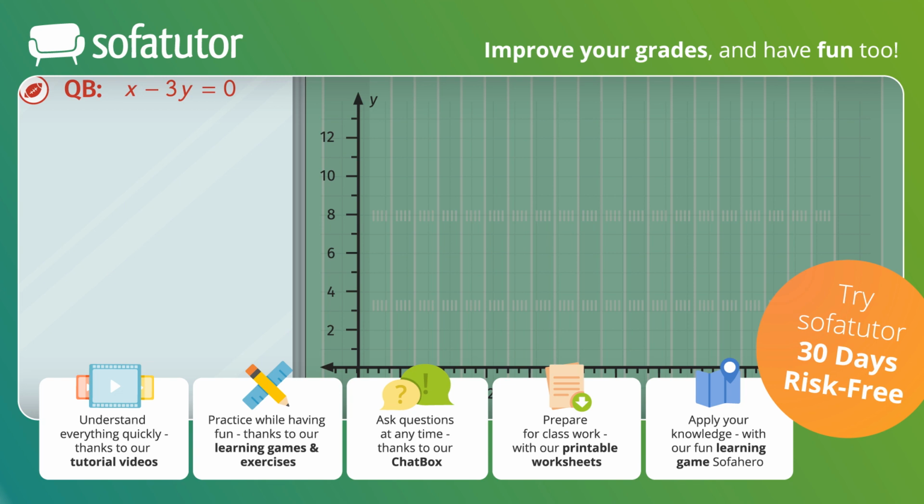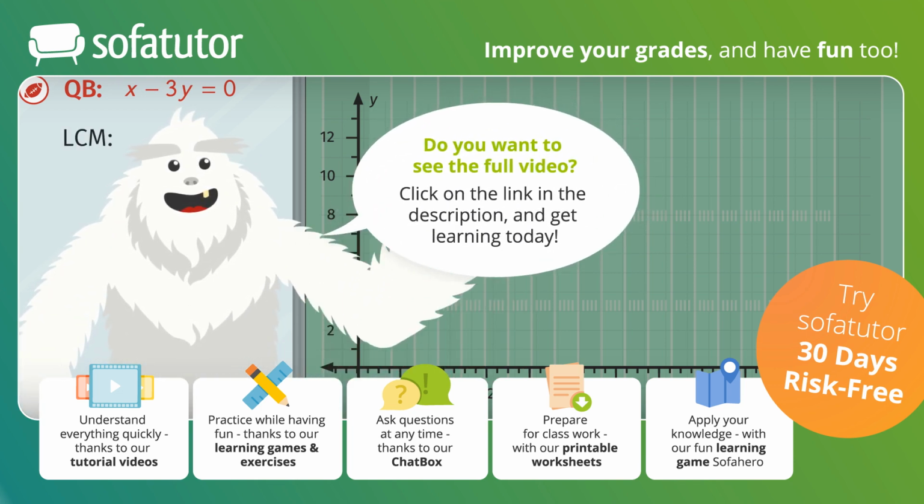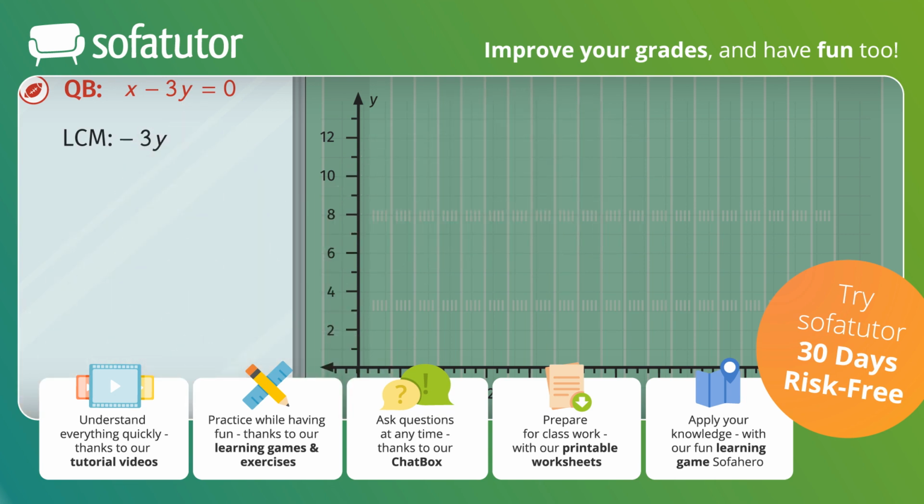First, we have to find the lowest common multiple for the coefficient of either x or y. For this system of equations, we'll choose the variable y because the first equation doesn't have an x. For these equations, the lowest common multiple of y and negative 3y is negative 3y. We could multiply the first equation by negative 3. But since we're looking for a number that will eliminate the negative 3y from the second equation, we can use the additive inverse of negative 3, which is positive 3, to multiply the first equation by.